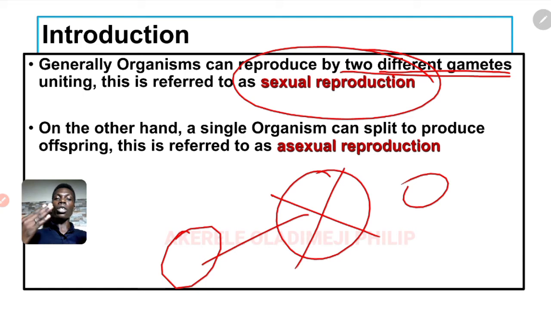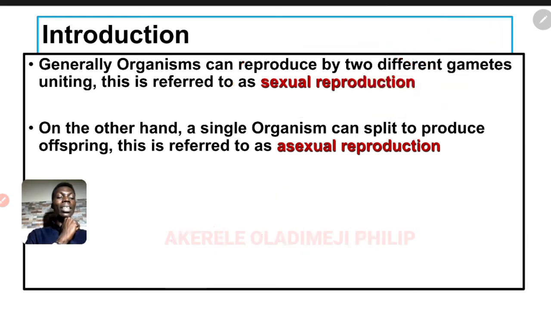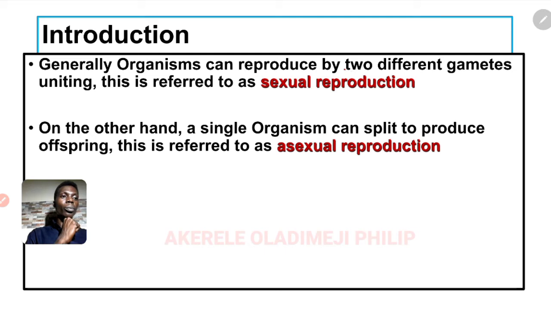So you don't even need two different sexes of that organism. So sexual reproduction simply means two gametes coming together, whether it is done by two organisms or by the same organism. The hallmark, the major thing there, is for us to remember the fact that two different gametes come together.